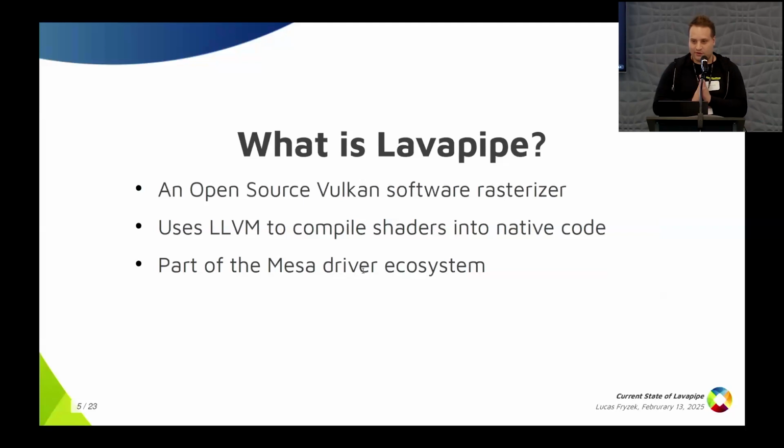So it's open source. It's part of Mesa, which is a big open source driver project within the Linux graphics stack, but that doesn't mean it's limited to Linux. It runs in a lot of places, and it uses LLVM to compile the shaders into native code, so you can actually get decent performance and run useful things.